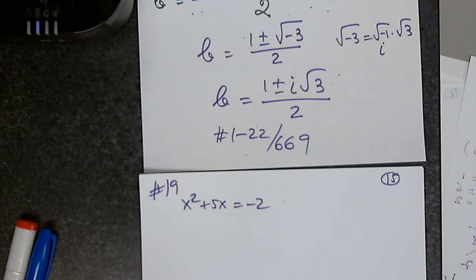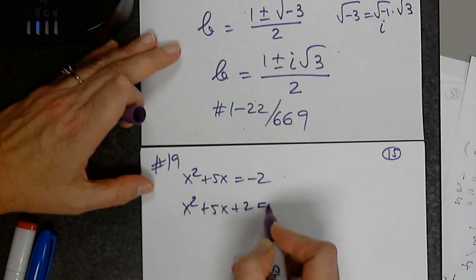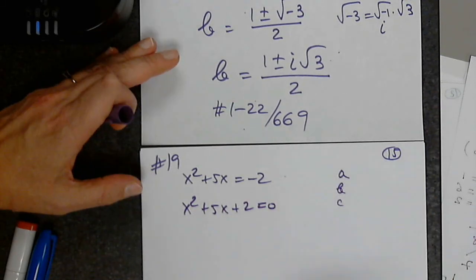Yes, it's not in standard form yet. Very good. So then I have x squared plus 5x plus 2 equals 0. I have to identify a, b, and c.